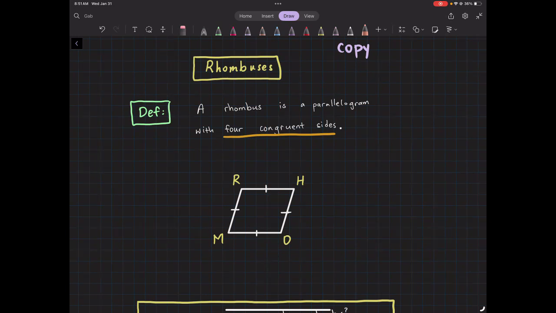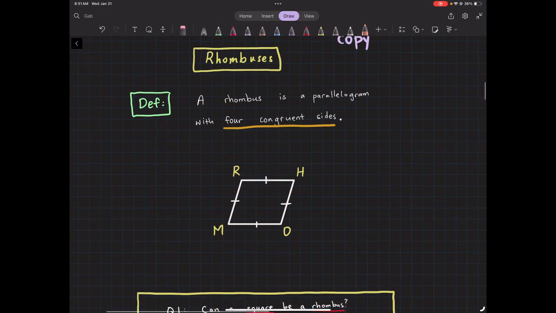All right, so this is the last one. It's going to be a rhombus, and then plural is rhombuses, which sounds weird, but basically a rhombus looks like a diamond. People usually call it a diamond.